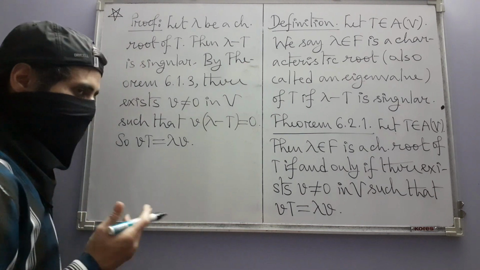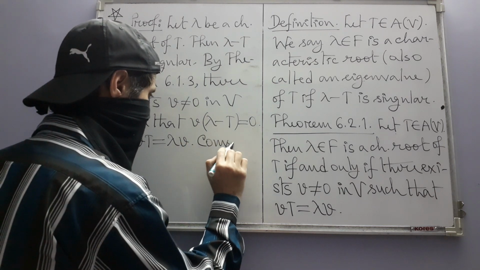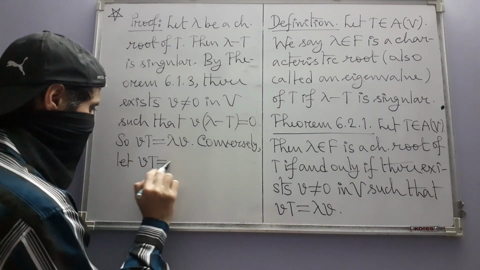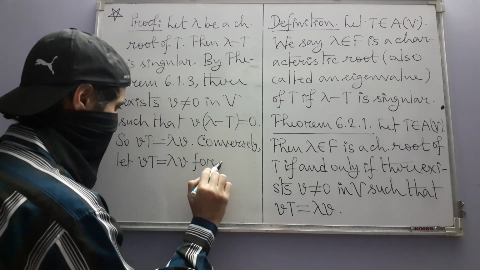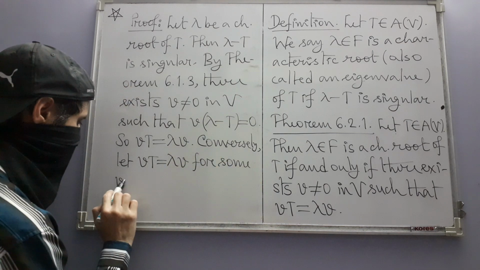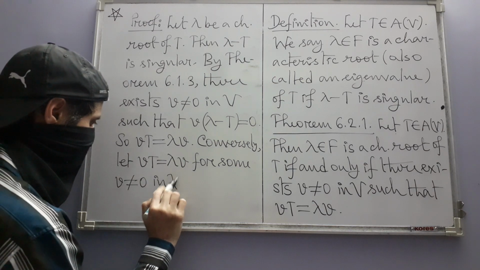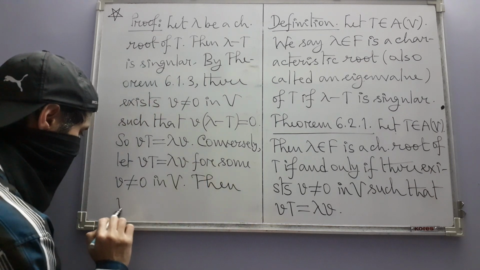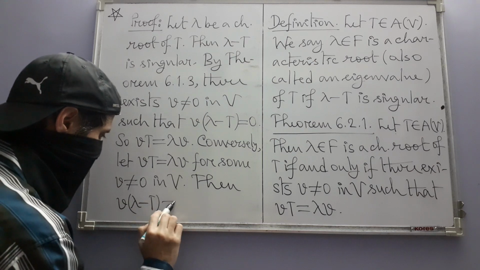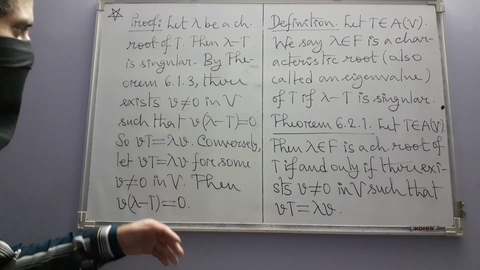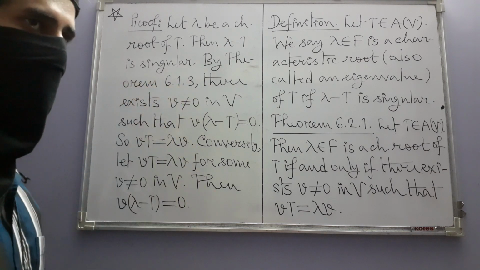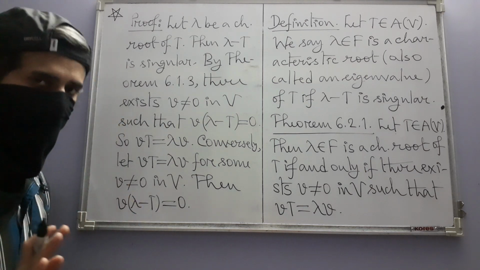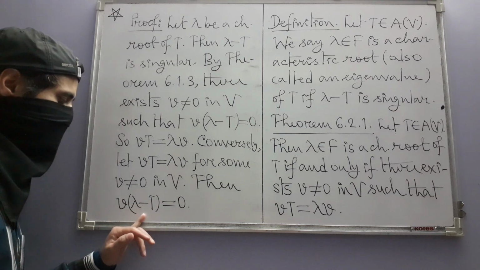Okay, so now we see the converse. Conversely, let Vt be equal to lambda V for some V not equal to 0 in V. Then we have this, but then again by theorem 6.13, which is an if and only if statement, lambda minus T cannot be regular. And you can also see why that is the case.